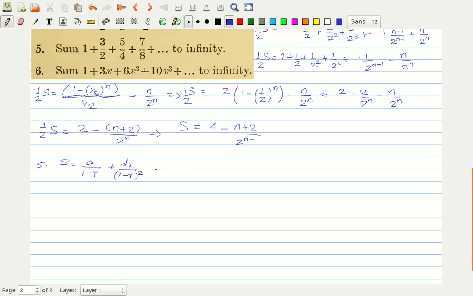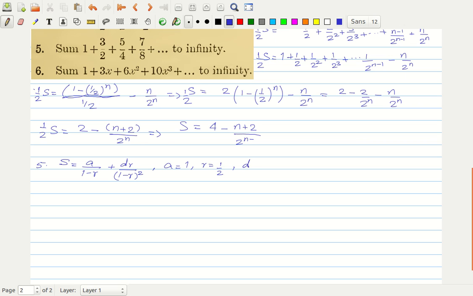Okay, and in this, what is our a over here? A is the first term, which is 1. What is r? R you can see is equal to 1 by 2, right? You can see that each of the successive term is divided by 2, 4, 8. So r is equal to 1 by 2 in problem number 5.